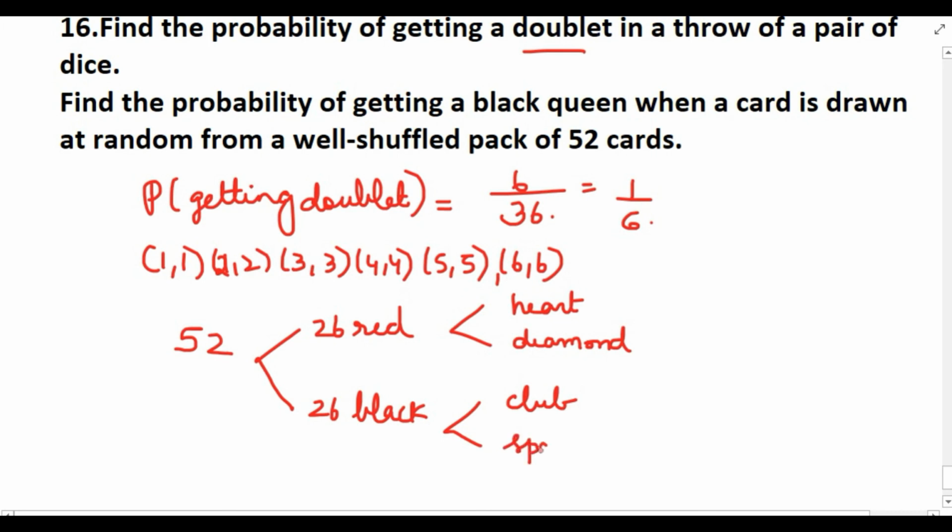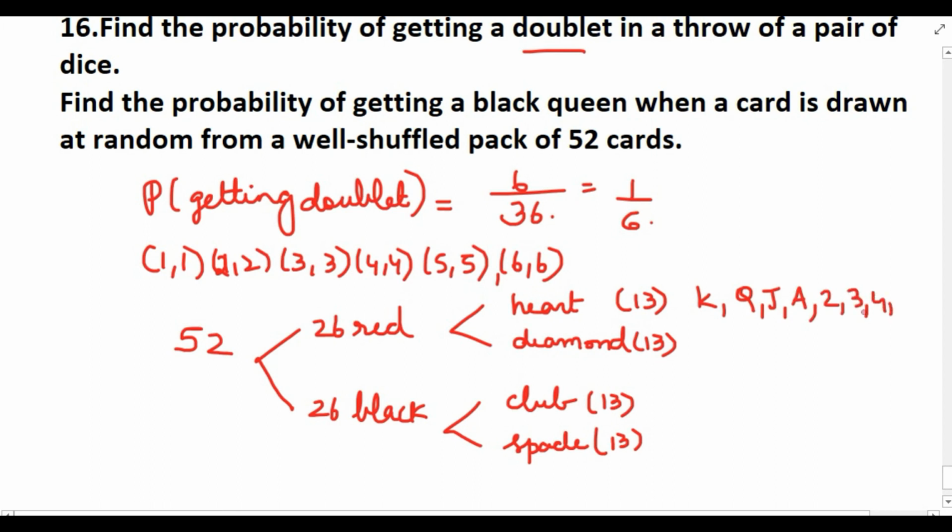Each suit contains 13 cards. So these 13 cards include king, queen, jack, ace, then cards numbered from 2 to 10. So this is the general thing regarding the card problems.